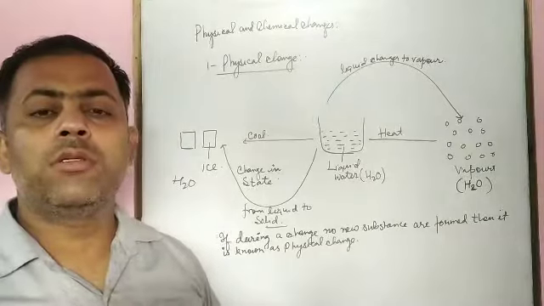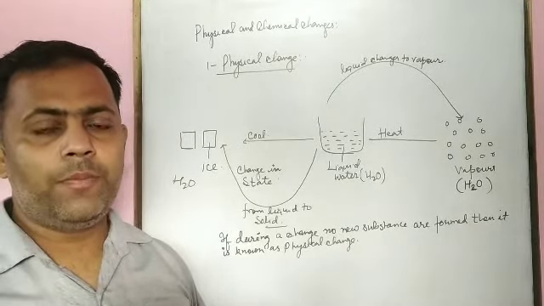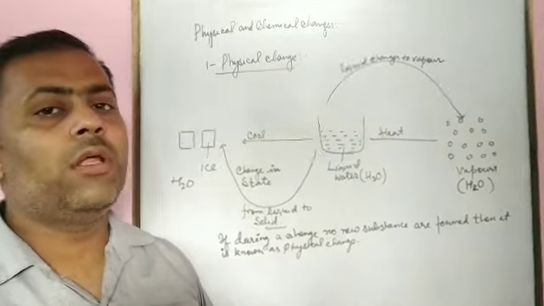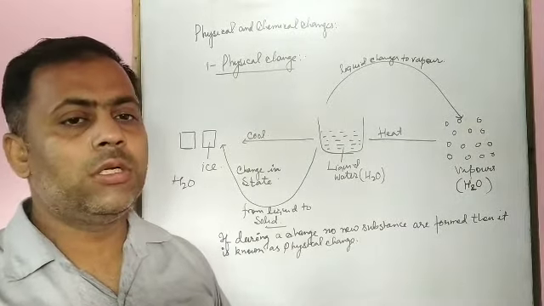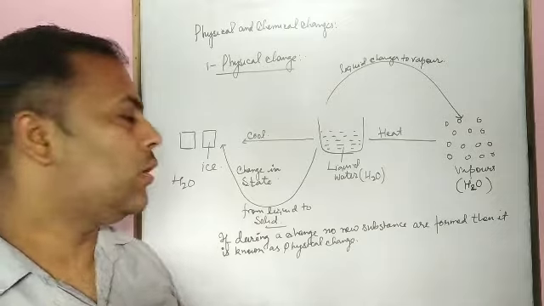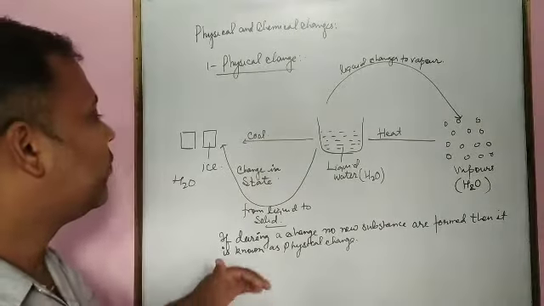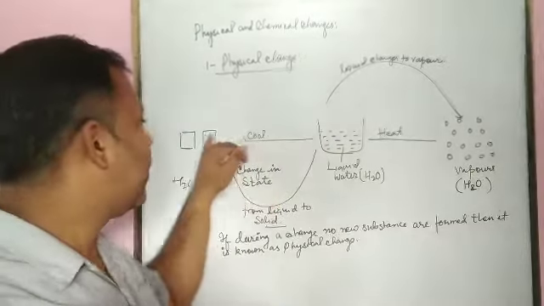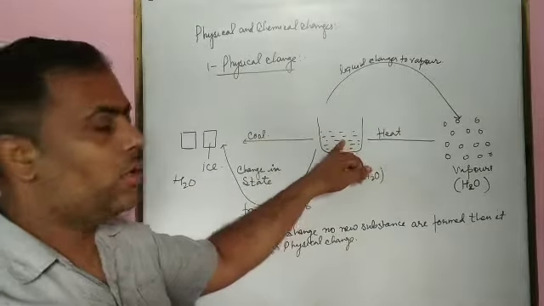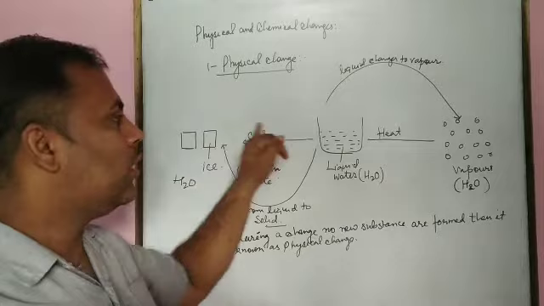Let us know what is the physical property. The property which is observed during the physical change is termed as physical property. It means when ice converts into water, here it is H2O, here it is H2O.